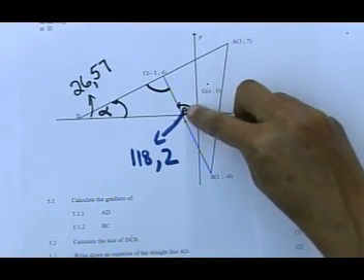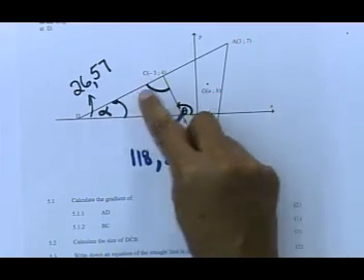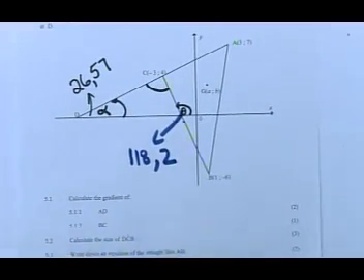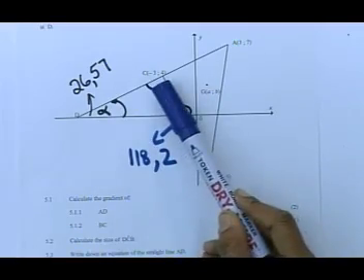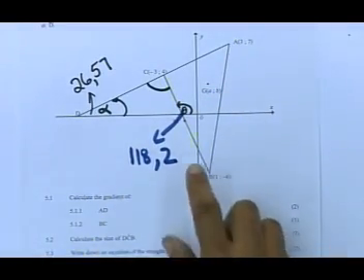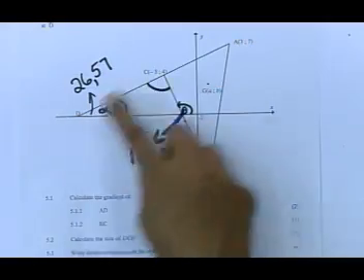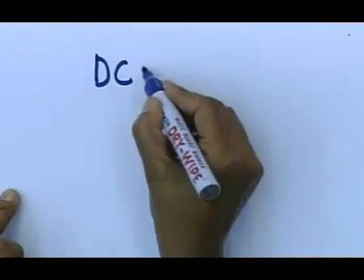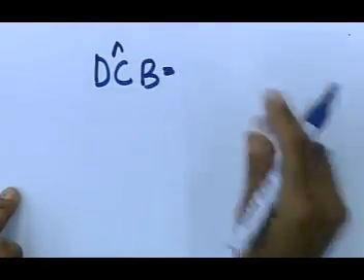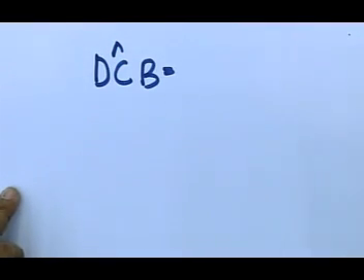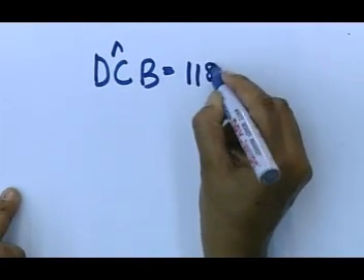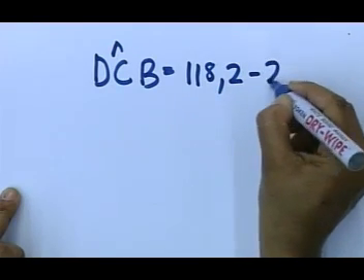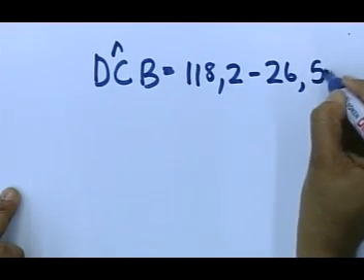So this exterior angle, this is the exterior angle of your triangle, is this one plus this one here. So you are going to say that angle, this angle DCB that they asked me, angle DCB is equal to 118,2 minus 26,57.